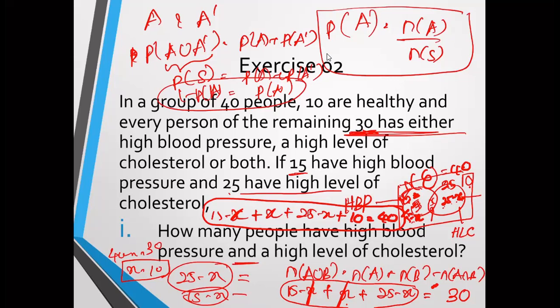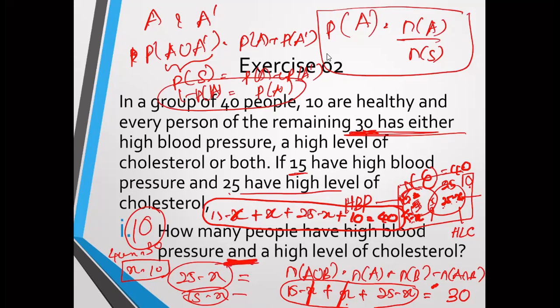So how many people have both diseases? Only 10 people. Therefore, the answer for the first question is 10. 10 people have both diseases.